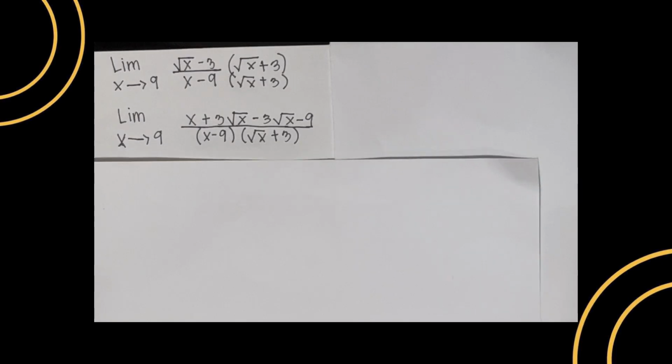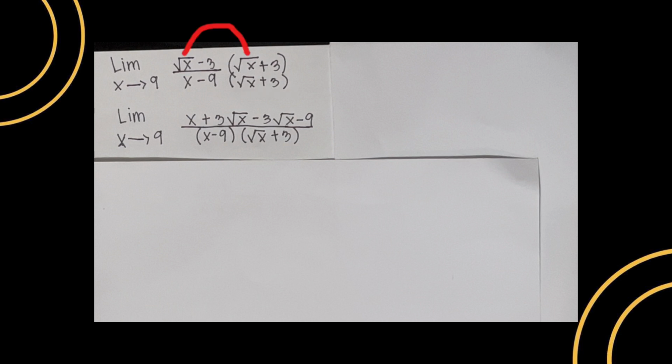Limit as x approaches 9 of the square root of x minus 3 over x minus 9. What should we do if we're dealing with square roots? What I recommend is to multiply the top and the bottom by the conjugate of the expression that has the square root. The conjugate of the square root of x minus 3 is the square root of x plus 3.